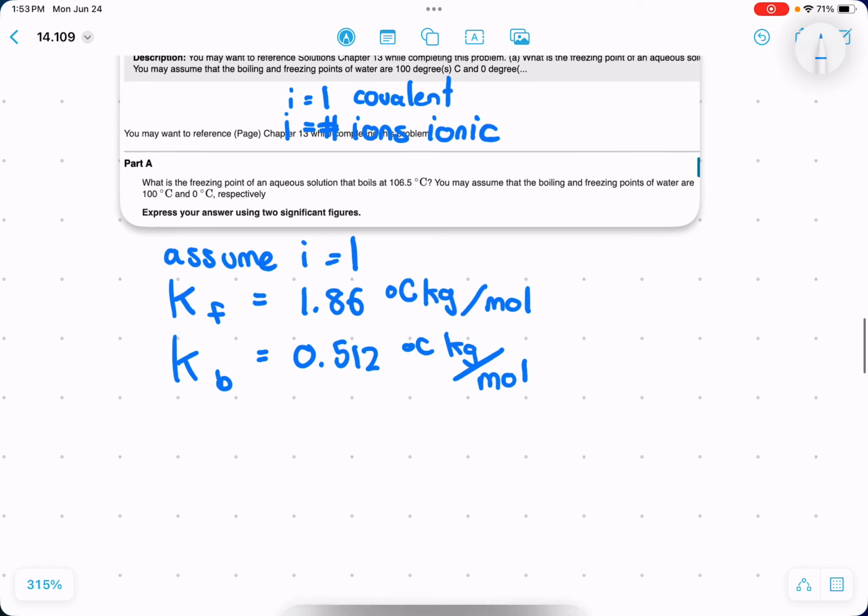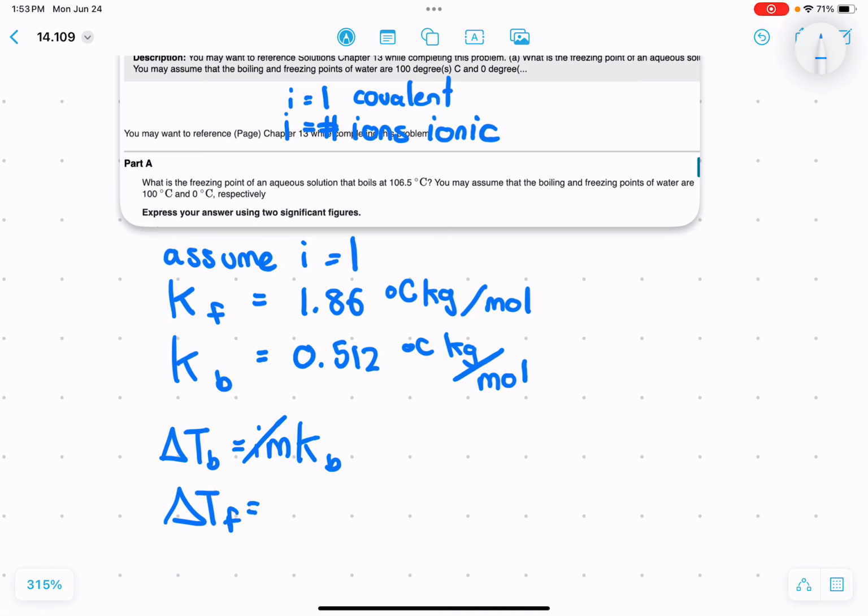So what we're going to do is use the equations. Delta T, the change in temperature for boiling, is equal to I m KB. Again, we're going to ignore I or make it 1. And the delta T for freezing is I m KF. Well, we don't actually know the molality of this solution, but we know the delta T, right? It started at 100 and it went up to 106.5.